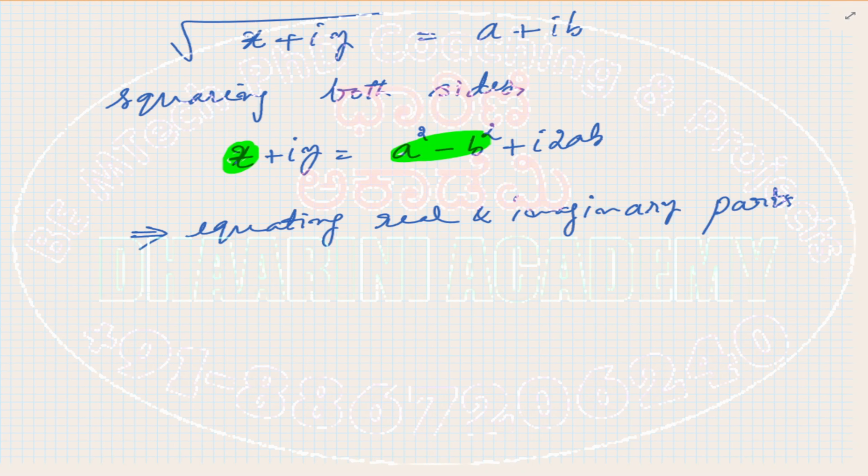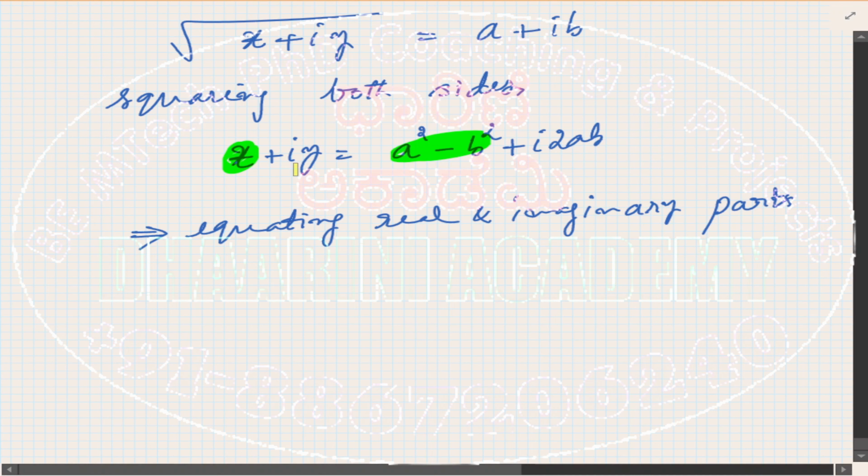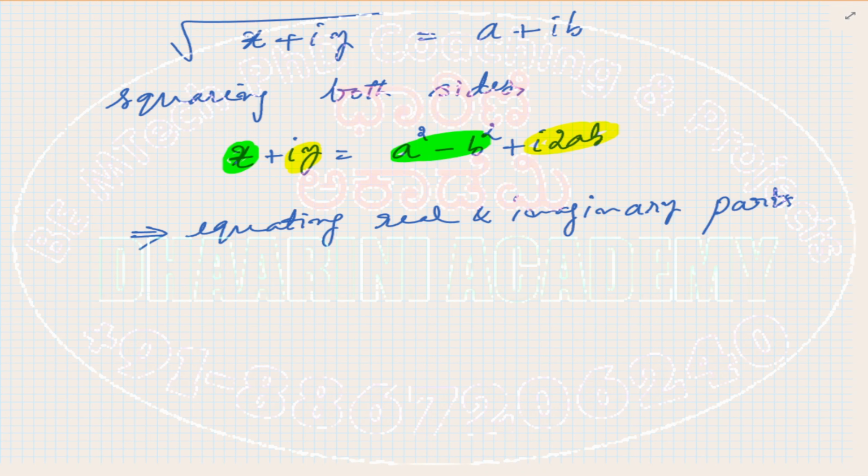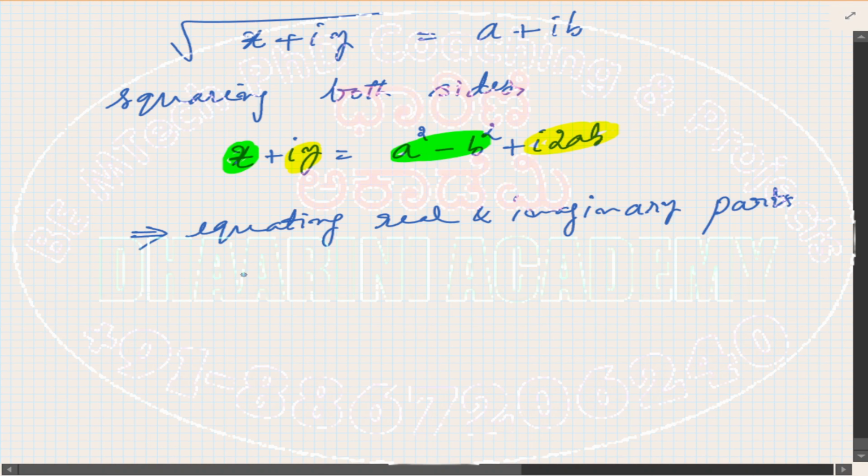And in this case, wherever I have a y part, that is imaginary. Okay, let us equate. So equating the real and imaginary parts indicates that a square minus b square is x for us, and 2ab is the y, right?